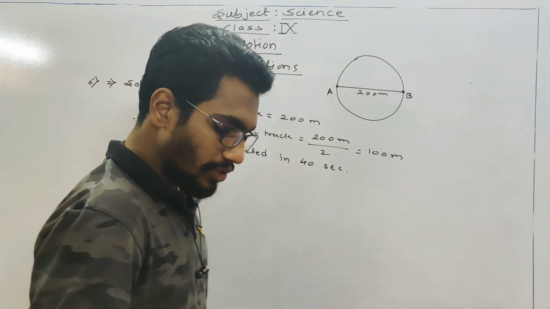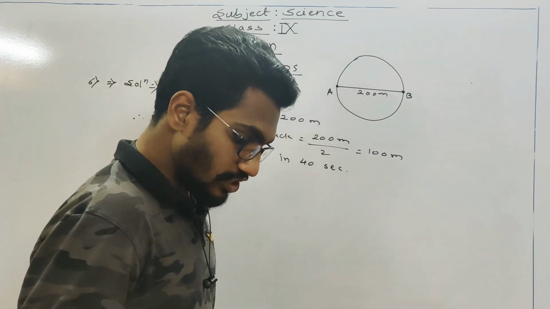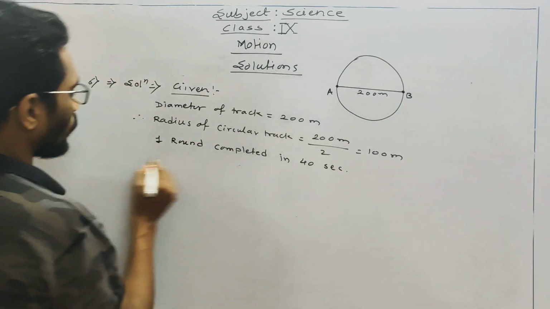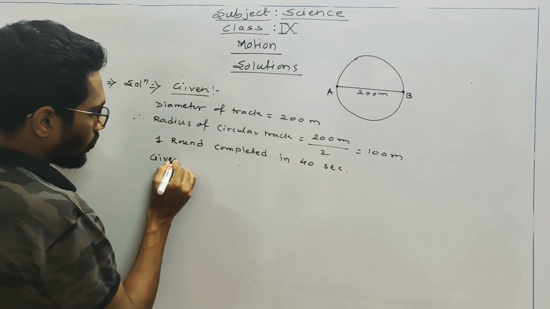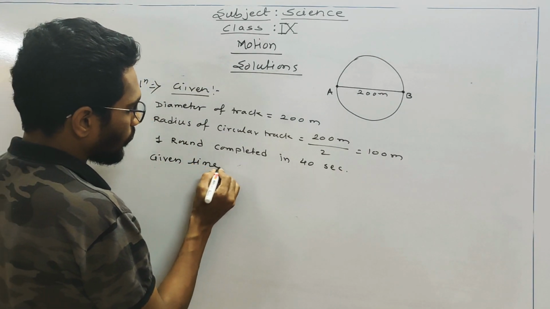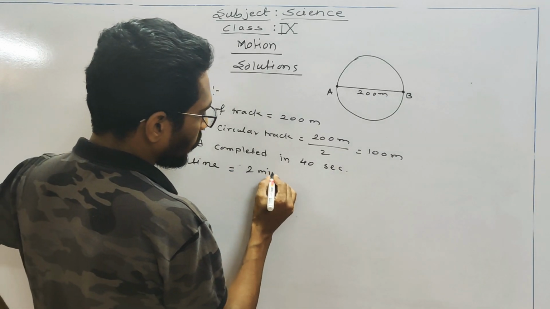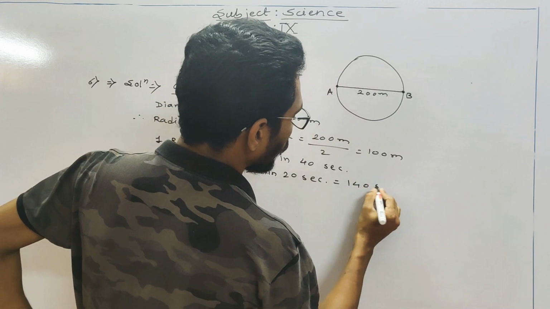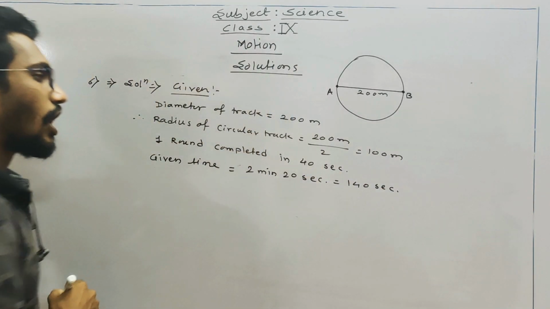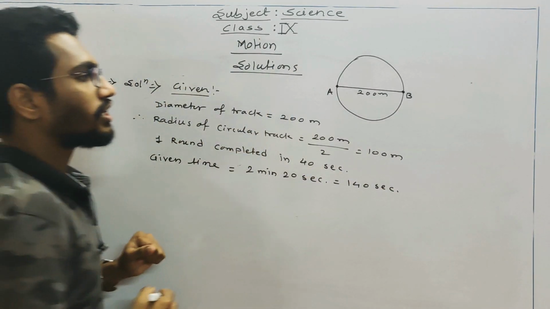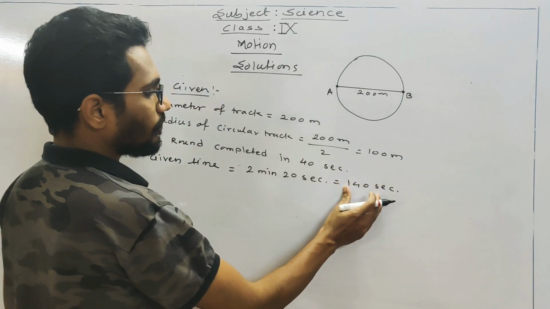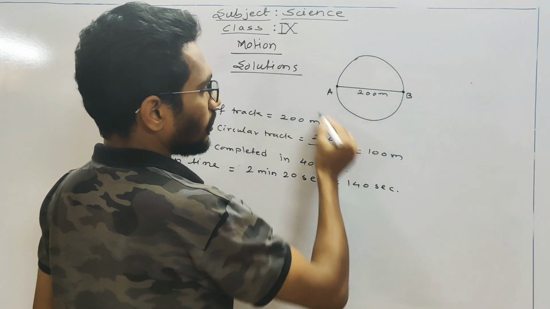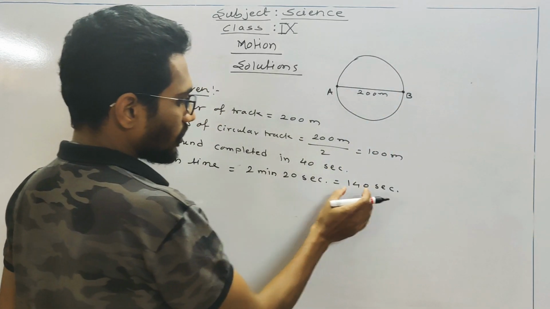And what will be the distance covered and the displacement at the end of 2 minutes and 20 seconds. So given time is equal to 2 minutes 20 seconds, that is equal to 140 seconds. Now, first thing, what distance is travelled within 140 seconds? So it starts from A, you have to calculate the distance travelled in 140 seconds.